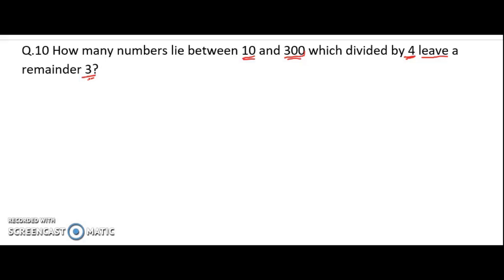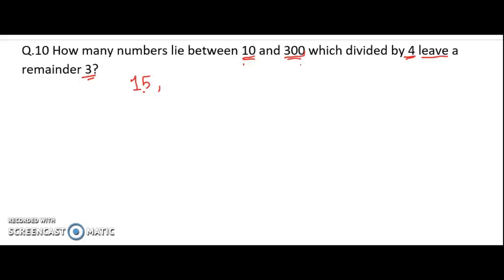So if you think about the first number that is between 10 and 300, divided by 4 and leaves the remainder 3, the first number will be 15. If you divide 15 by 4, then it will leave the remainder 3.